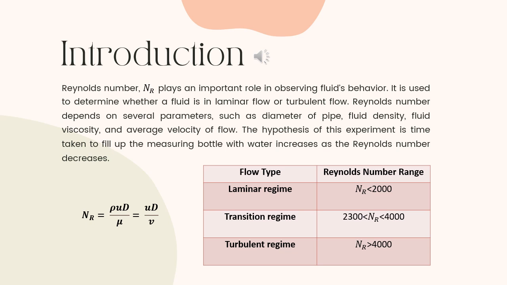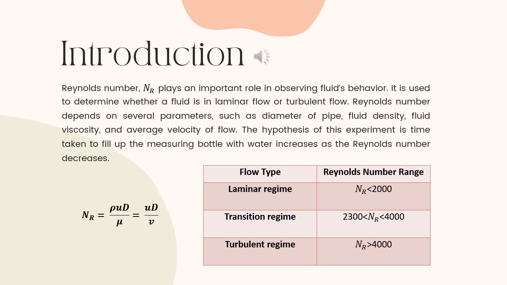The equation that we use is NR equals density multiplied by initial velocity multiplied by diameter divided by mu, and another equation is initial velocity multiplied by diameter divided by final velocity.